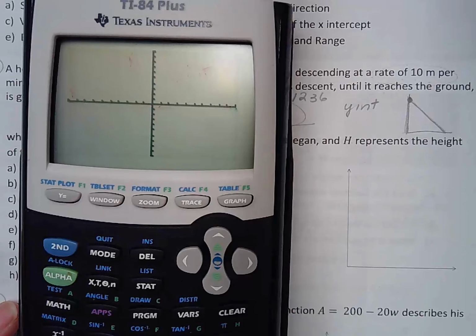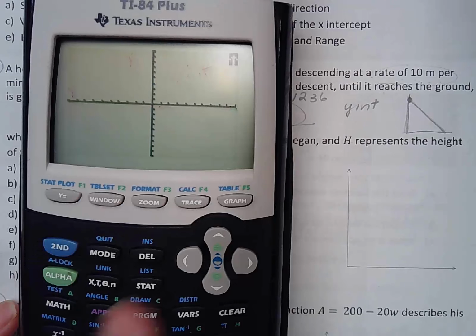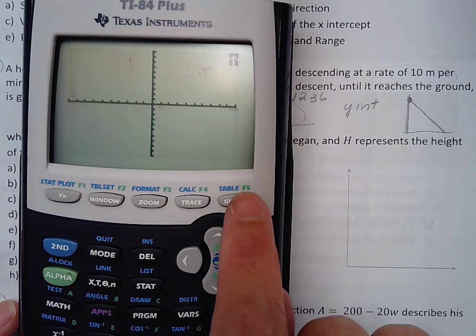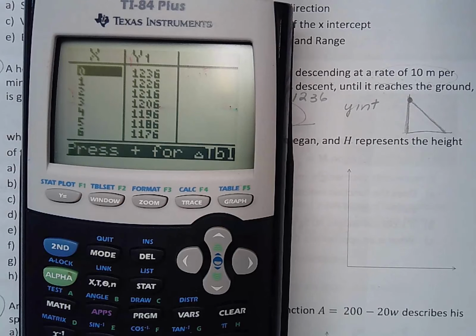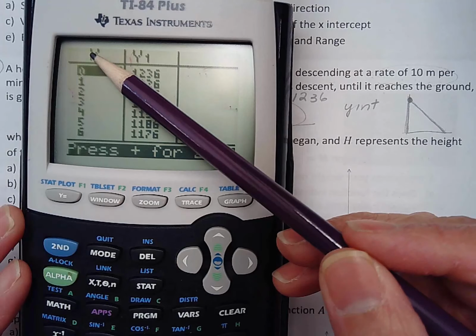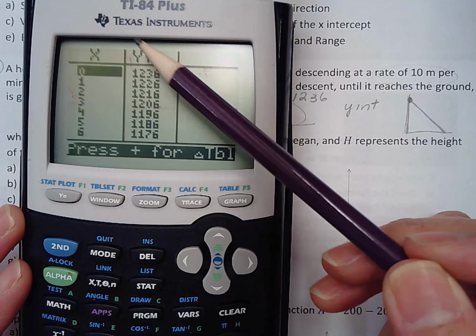Can you press second function, graph. Okay, second function graph. That gives us our table of values. What does that mean? So the x is the time in minutes, and the y is height.